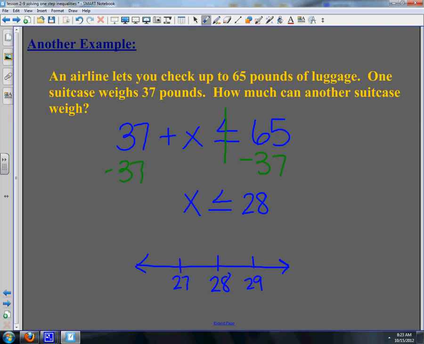I have a closed circle at 28, and it is everything less. Because if I showed up with a 28 and a 37, they would still let me on the plane because it equaled 65 pounds. But if I showed up with, let's say, 20, what if I showed up with a 20 and a 37? They're still going to let me on the plane. So that's why it includes every number down the number line.